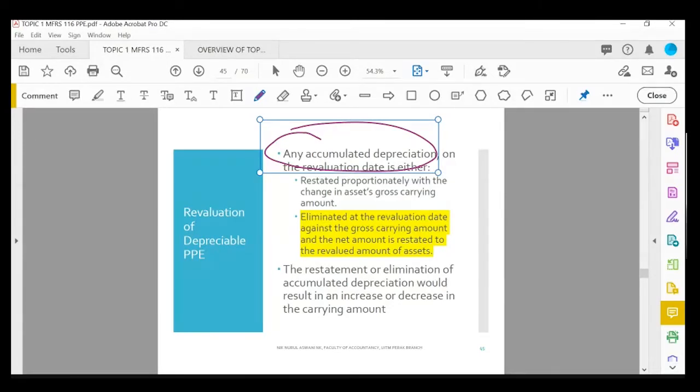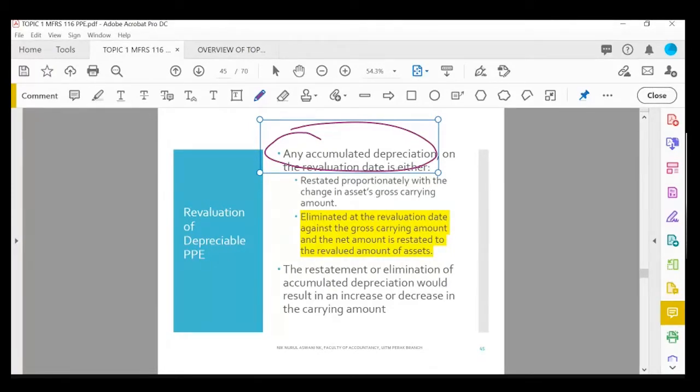Or the accumulated depreciation will be eliminated at the revaluation date, the previous accumulated depreciation before the revaluation date will be eliminated against the gross carrying amount. Eliminated meaning that you hapuskan dia.